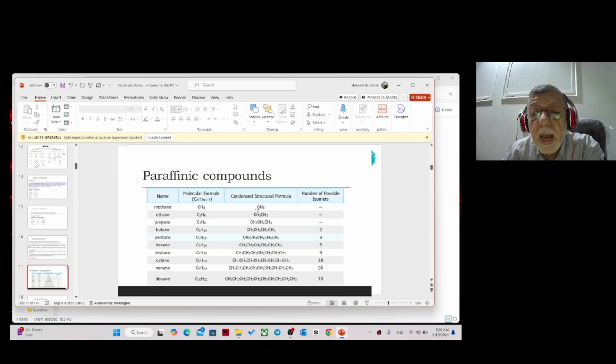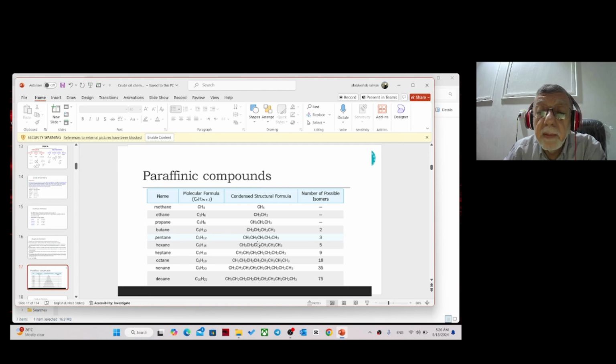And there are also isomers for each, starting from butane. There are 2 isomers. What do we mean by isomer? The branched chain of the same structure of the compound. So butane has 2 isomers, pentane has 3, and so on.